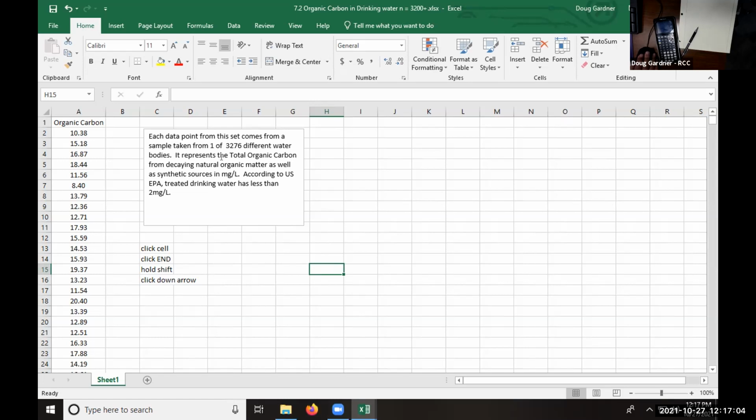This is samples of water taken from different water bodies as to how much carbon is in them, and it apparently is milligrams per liter. Milligrams is a weight, yeah. How many milligrams of carbon are in every liter of water? Now, I don't know chemistry enough to know if that is good or bad.